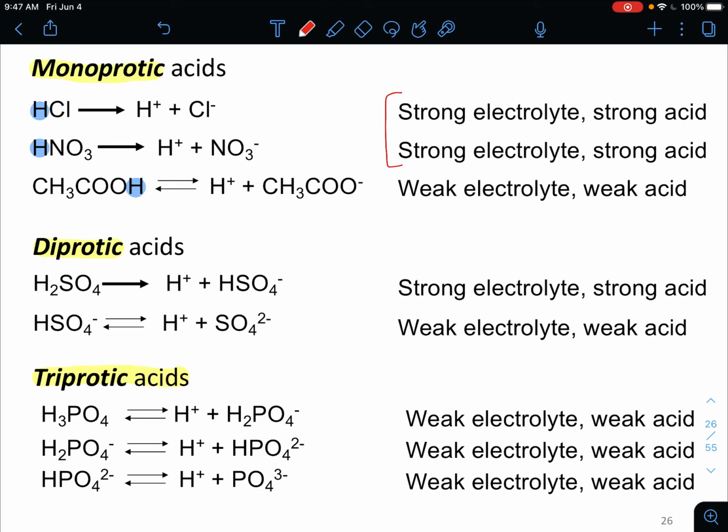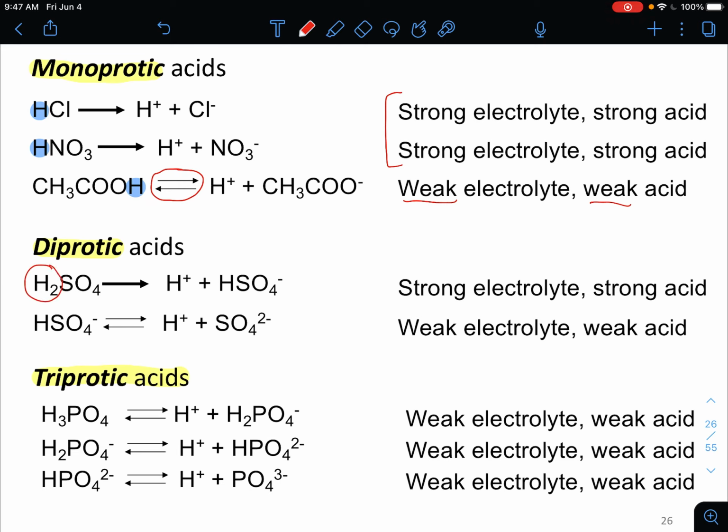Acetic acid's kind of been our one and only example of a weak electrolyte. We'll stick with that here. It's a weak acid, and we reinforce that by seeing these reversible arrows to say the breakdown of acetic acid doesn't go 100% to completion, so it creates some charged particles, but that's why we say that it's weak, because it only dissociates partially.